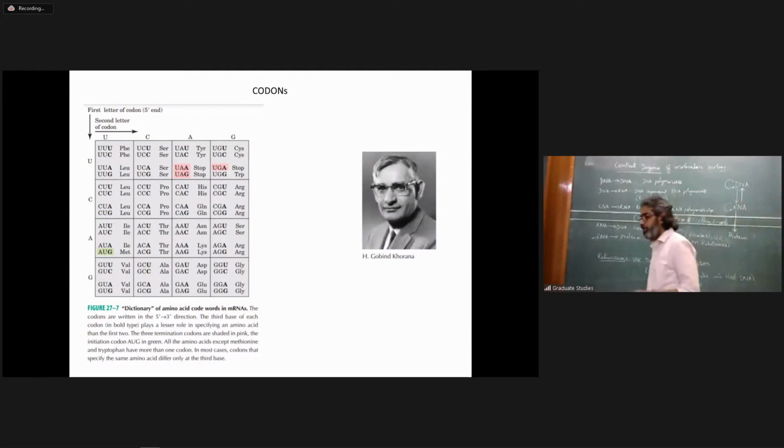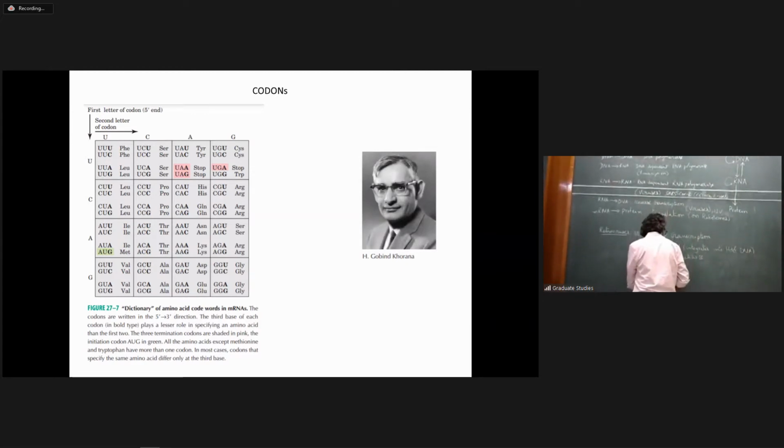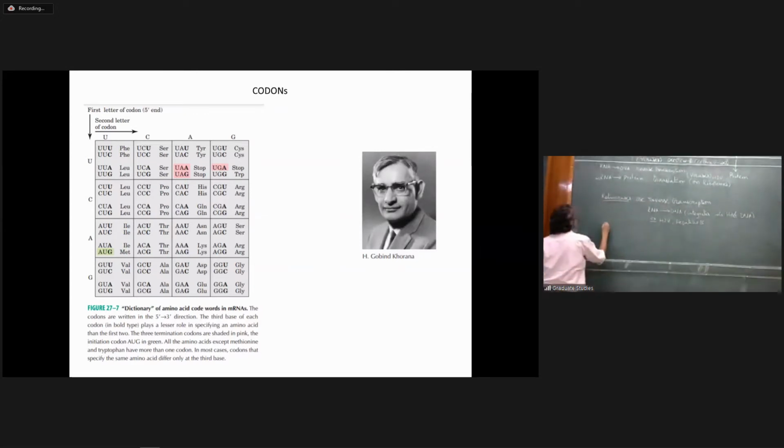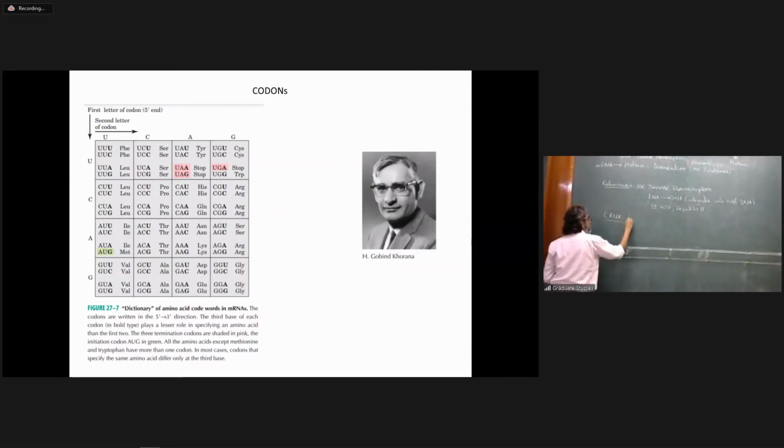They didn't have to synthesize the amino acids, but they knew that there is a transfer RNA. So for every amino acid, this is the second type of RNA, tRNA in short form.